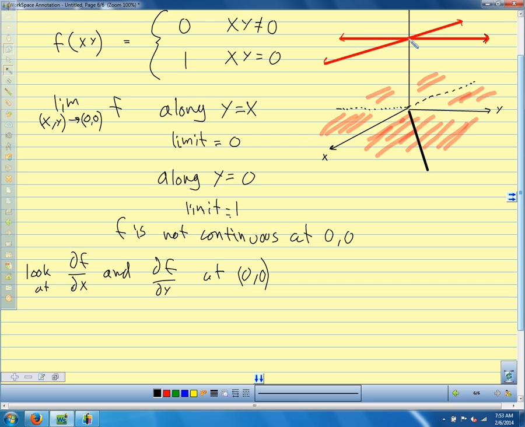What's the slope along the line x equals 0, along the y-axis? 0. What's the slope down here on the xy plane? 0.